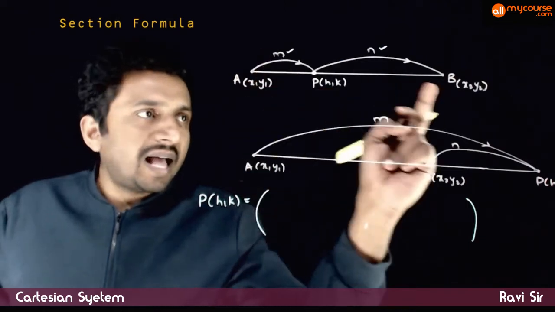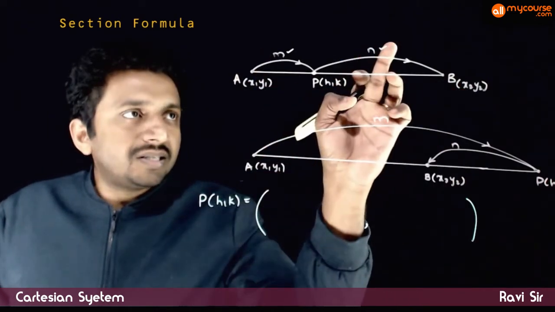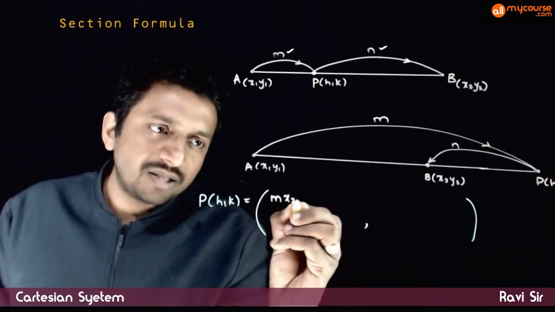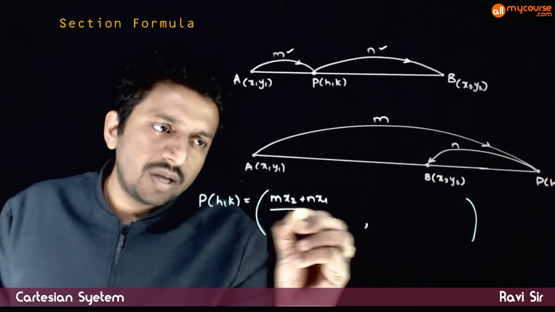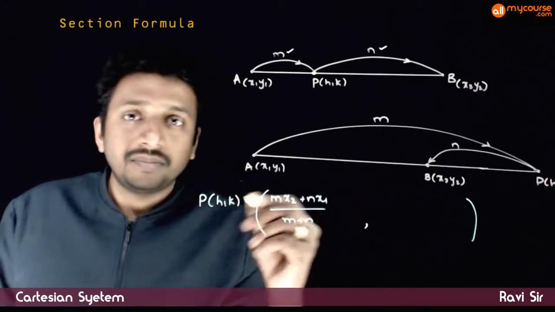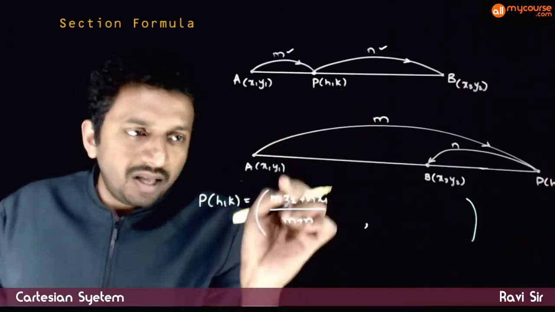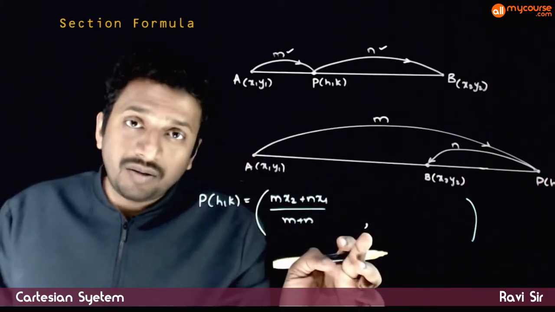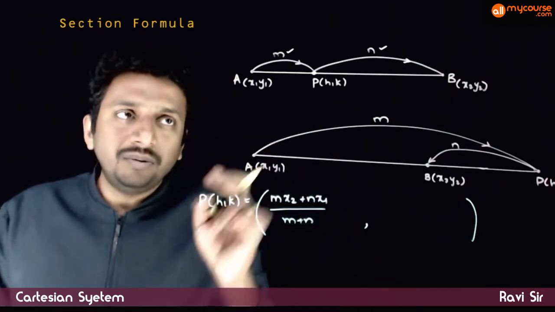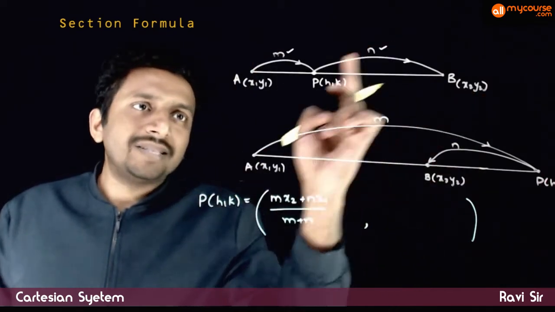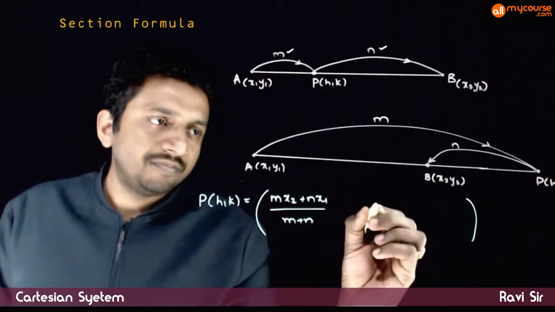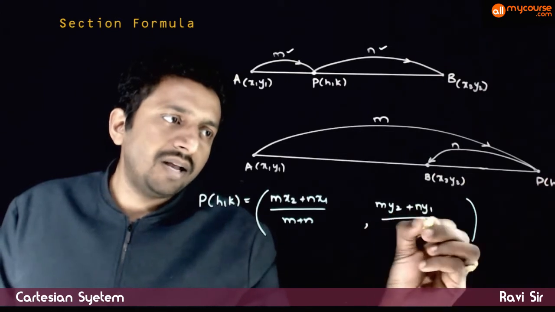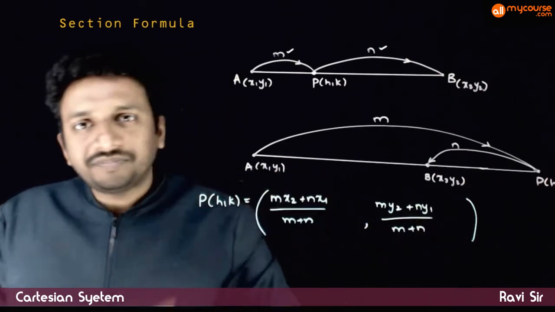This number has to be multiplied with this x coordinate, and this number has to be multiplied by this x coordinate. Now for the y coordinate, k is equal to (m times y2 plus n times y1) by (m plus n).